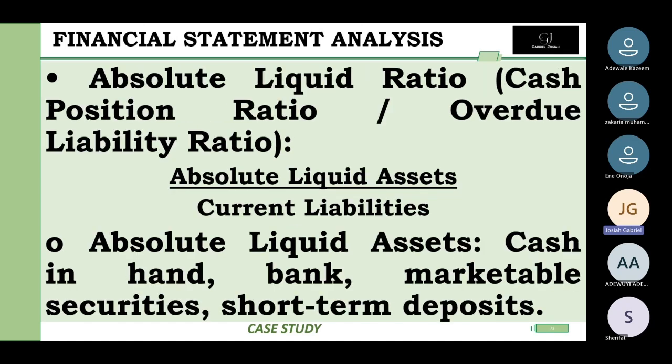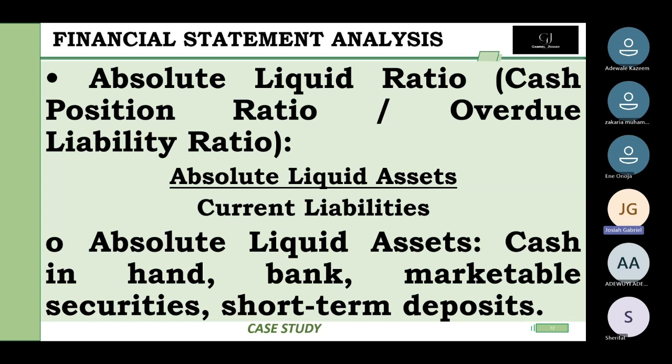We also have the unpopular absolute liquid ratio, which is also known as the cash position ratio or the overdue liability ratio. It's also measured against the current liabilities, and the numerator consists of cash in hand, cash at bank, marketable securities, and short-term deposits. So everything that has to do with cash and bank, aside from inventory and receivables, is absolutely liquid.